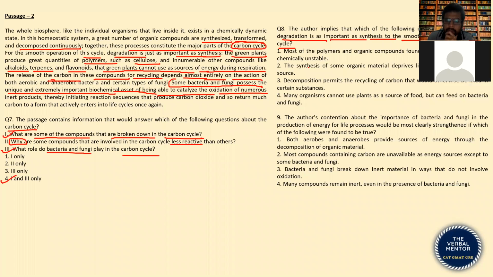Let's see. Option 1, most of the polymers and organic compounds found in the plant kingdom are chemically unstable. Alien. The synthesis of some organic material deprives life processes of an energy source? Again, nowhere to be found.